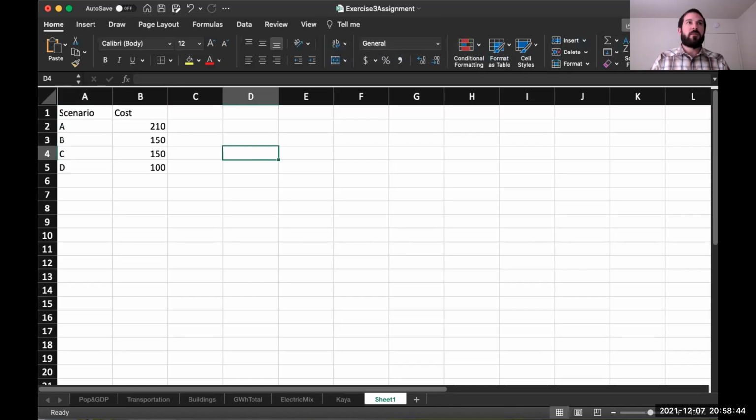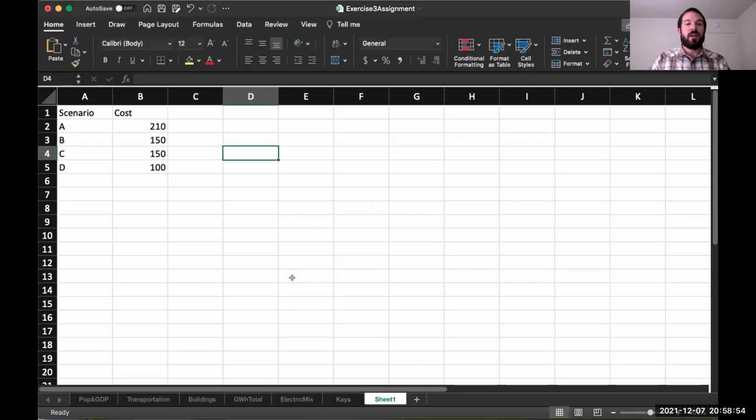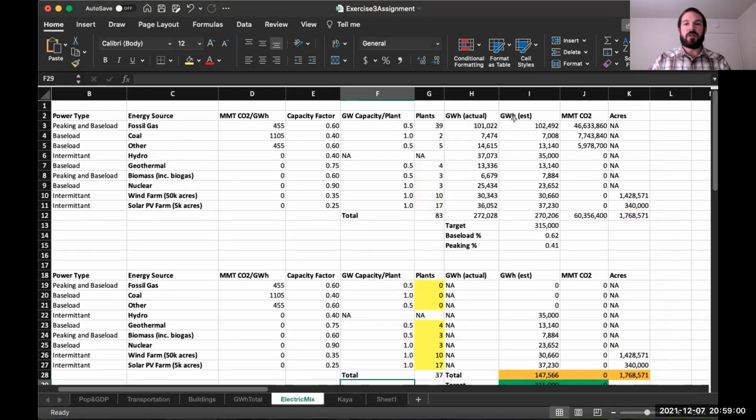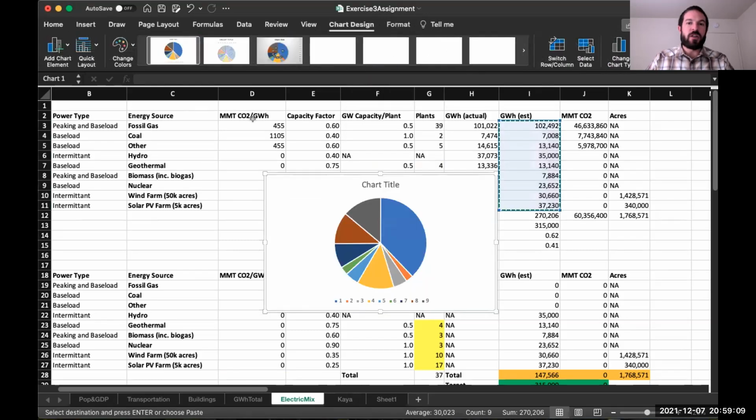The next thing I want is a pie chart of the energy mix as a percentage, and I want it for each scenario. So each scenario gets its own pie chart. So what does that look like? Well, if I take electric mix, okay, and I go to gigawatt hours estimated right here, and I say, hey, I want a pie chart of that.